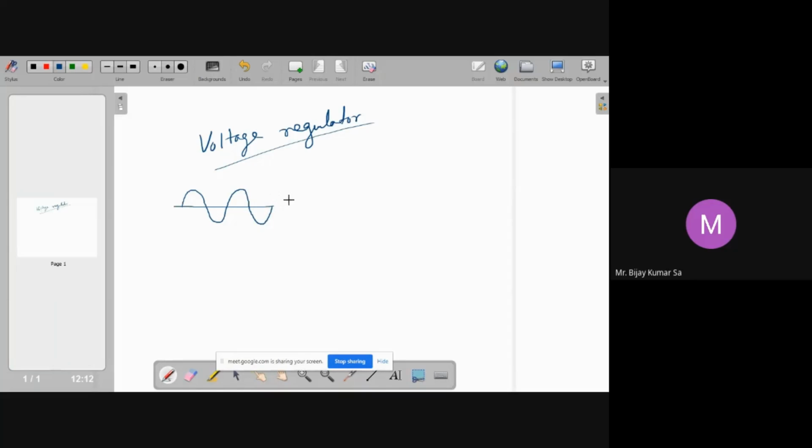You rectified it, used some rectifier circuit, and got a waveform somewhat like this. Let's say it was a full wave rectifier, so the waveform which came out of the full wave rectifier was somewhat like this.